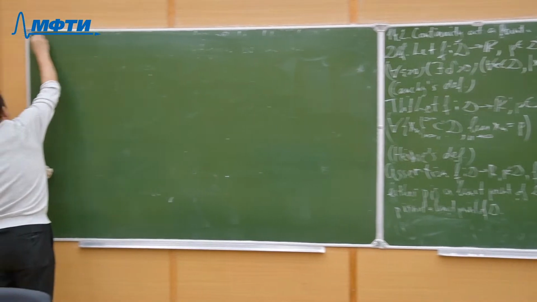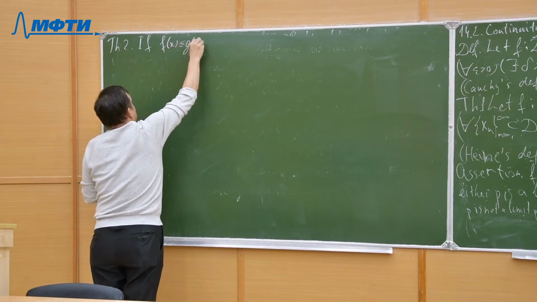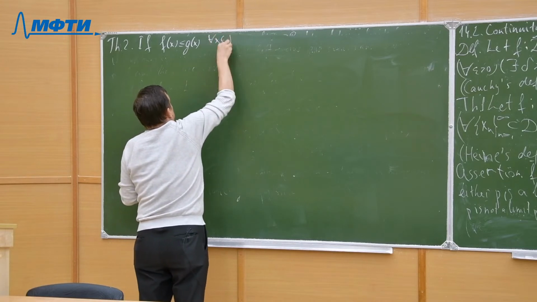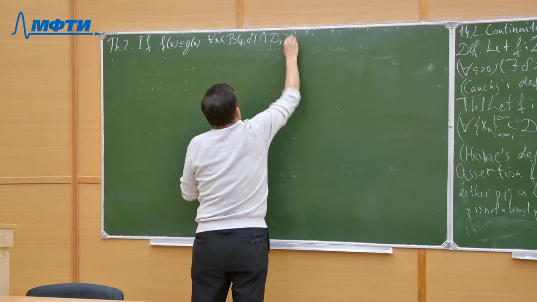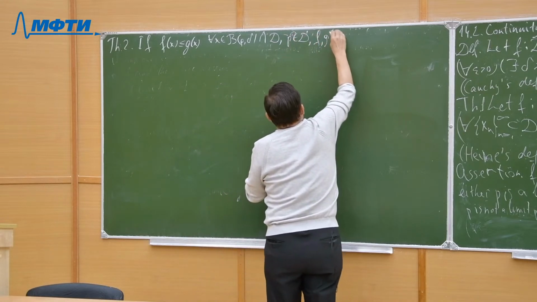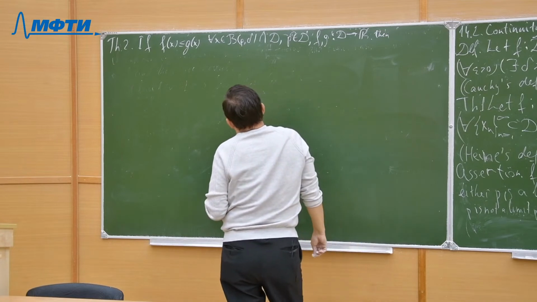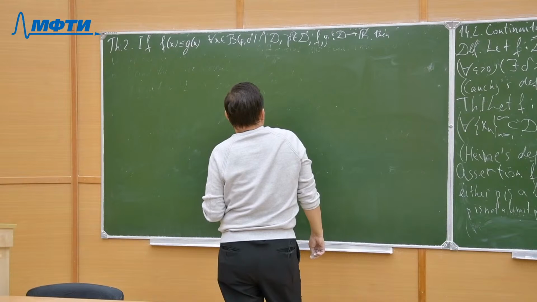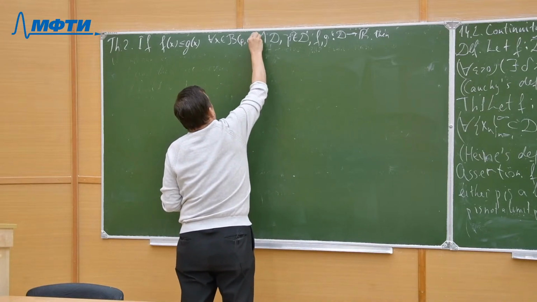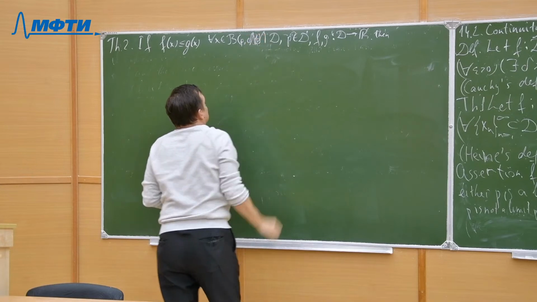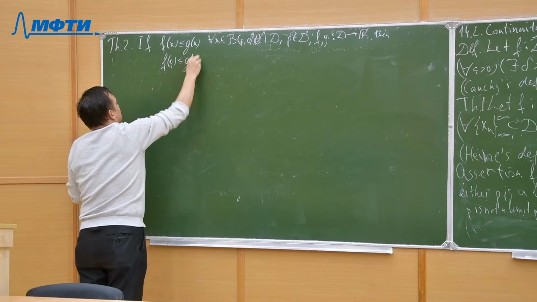Theorem 2: if f(x) is less or equal to g(x) for all x in B(p, delta) intersected with D, p is in D, f and g from D to R, then, now we can write it like that without p, otherwise it makes no sense in that theorem, then f(p) is less or equal to g(p).